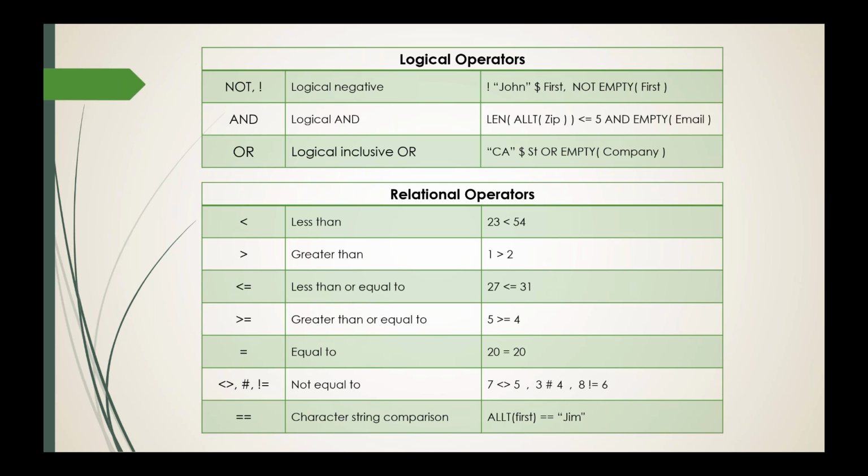Now, Jim Smith doesn't exactly equal Jim, so that is going to return false. If we were using the found-in comparison and asking, is Jim found in first? Well, yes, it is found in part of first because we have Jim Smith in first. But using character string comparison, those fields have to match exactly, even down to the blank spaces.